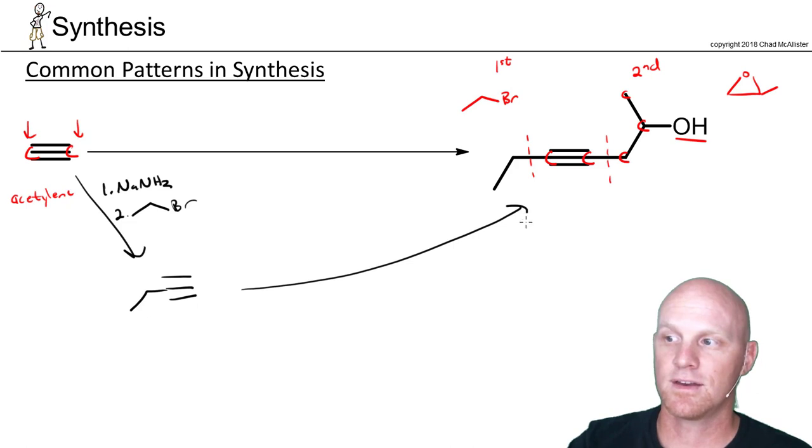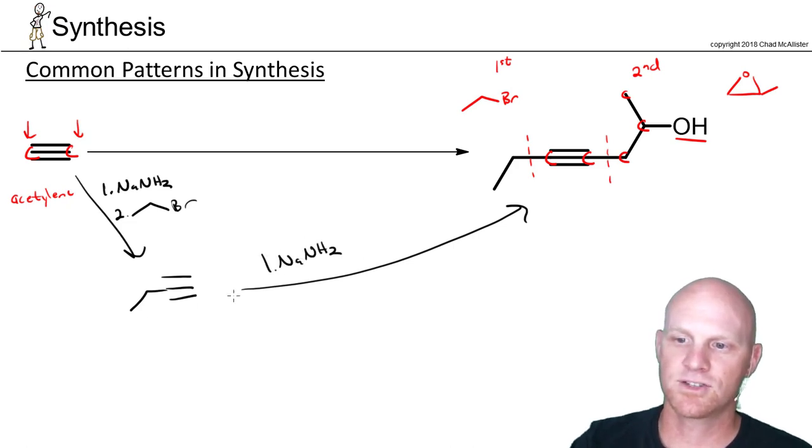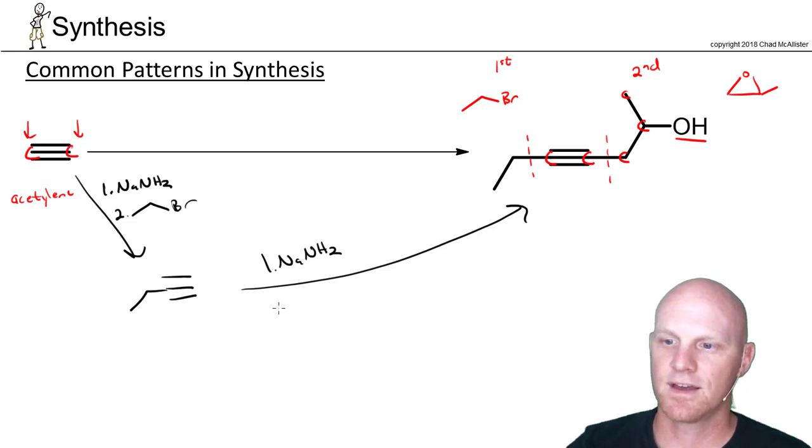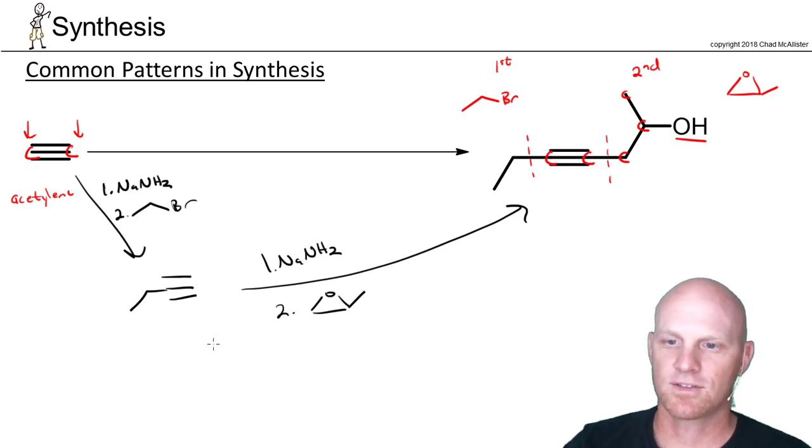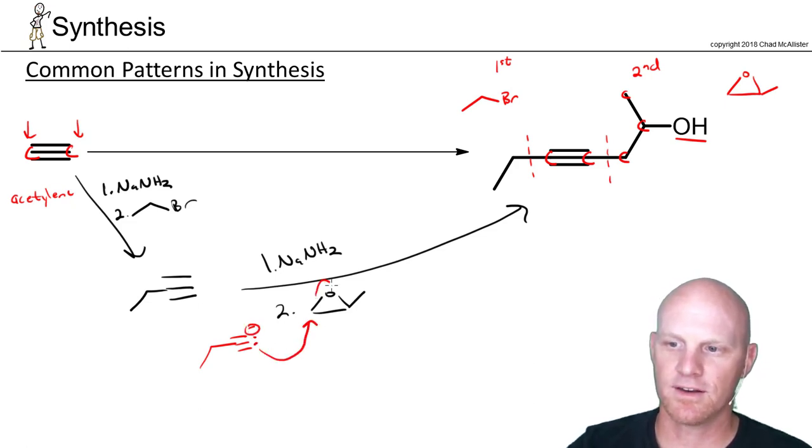Then here on the other side, we'll add again NaNH2 to deprotonate this side, form the acetylide. And then we saw we needed this 3-carbon epoxide. Notice that with the 3-carbon epoxide, once we deprotonate here and form that acetylide, we would preferentially attack the less substituted side.